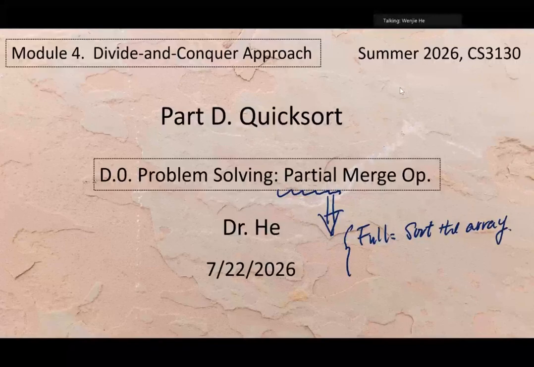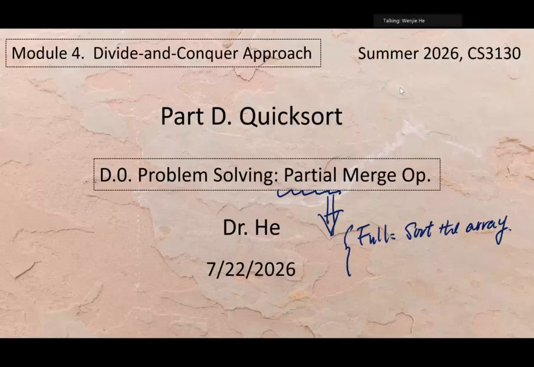If our goal is not sorting the whole array, and we just want to find one special element, the kth smallest or kth largest, that's the selection problem, right? In that situation, we do not need to sort the whole array.